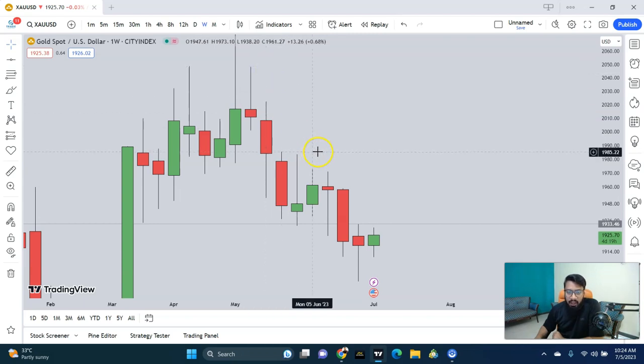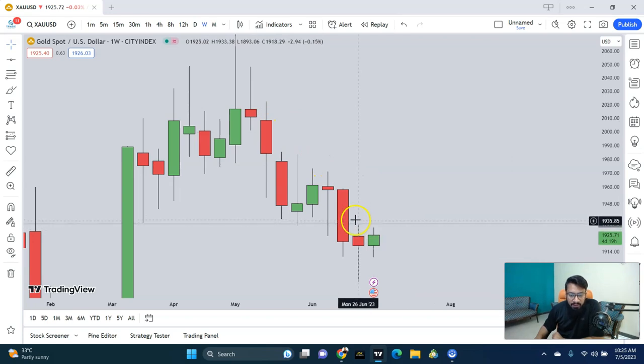This week's high also respected the high, and here the price moved all the way up and closed the candle bullish, but it has respected the high of this particular week, and you can see it also has respected it. Then this candle also has respected the high of last week, and so on and so forth.